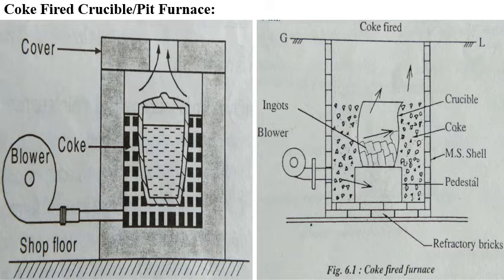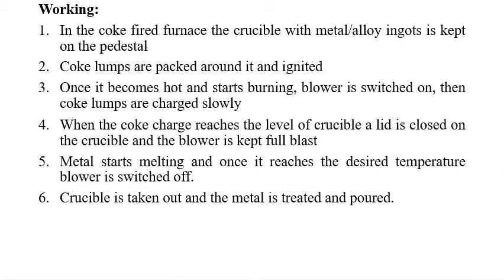Okay. So next you can go for the working principle. I already explained this. In the coke fired furnace, the crucible with metal or alloy ingots is kept on the pedestal, the crucible stand. Second point, coke lumps are packed around it, and it is ignited. Once it becomes hot and starts burning, the blower is switched on.